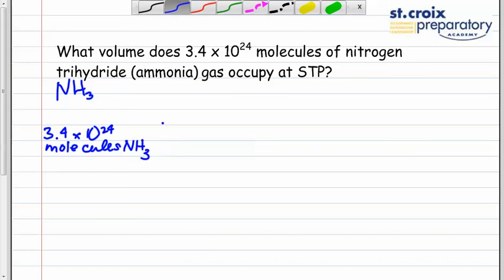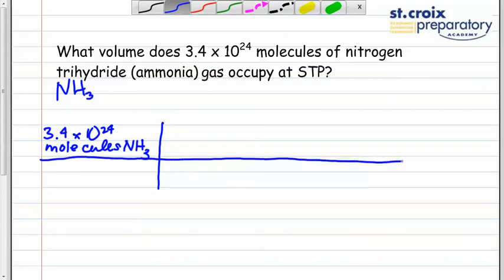I'm going to use dimensional analysis, of course, to solve this, so I'm just going to go ahead and set it all up like so. Now remember that whatever you have on the top is going to cancel with the units on the bottom here. And since I want to get rid of the molecules and eventually get into my volume or liters, I'm going to go ahead and put molecules on the bottom here.